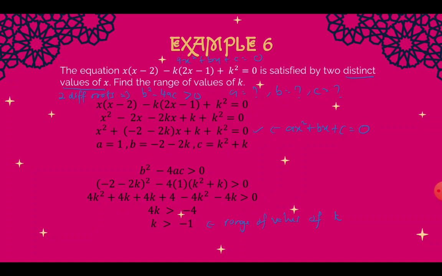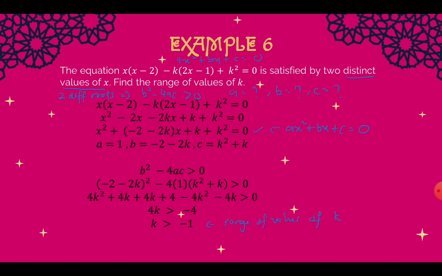Simple, right? As you can see, the process is the same. First, look at the keyword, whether two distinct roots, no roots, or equal roots. From the keyword we know what type of roots and we can relate it with the discriminant, whether it's greater than 0, equal to 0, or less than 0.